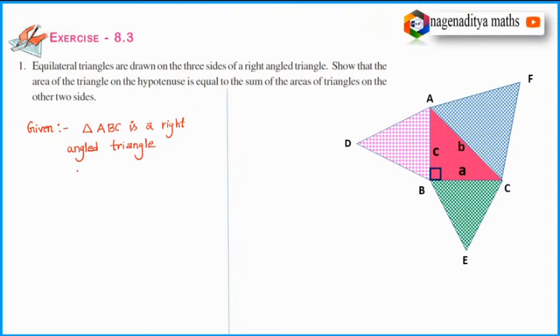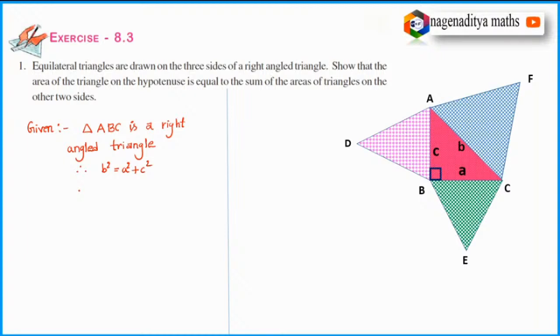Therefore, we write B² is equal to A² plus C². Okay, B² is equal to A² plus C². So why? Because this is the Pythagoras theorem, which we are going to learn in a few days.